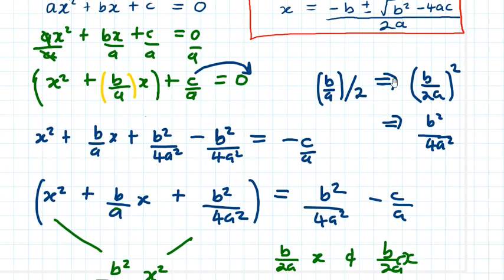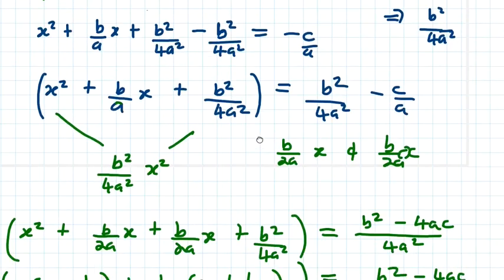When we divide it by 2 and then square it, we get the new term here, but we have to keep our equation balanced. That's why we also introduce b squared over 4a squared. What you add on the left hand side, you have to add also on the right hand side, so the equation remains balanced.